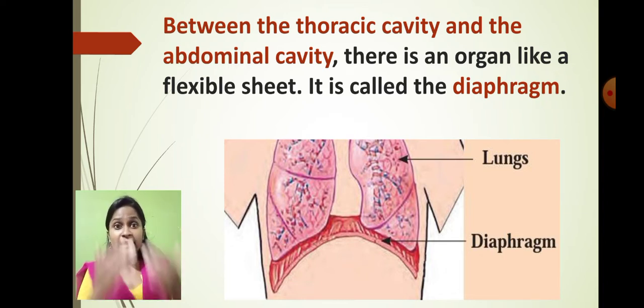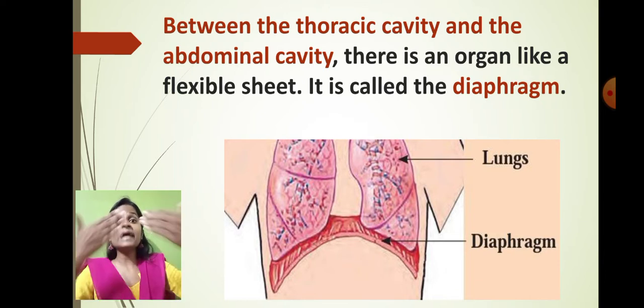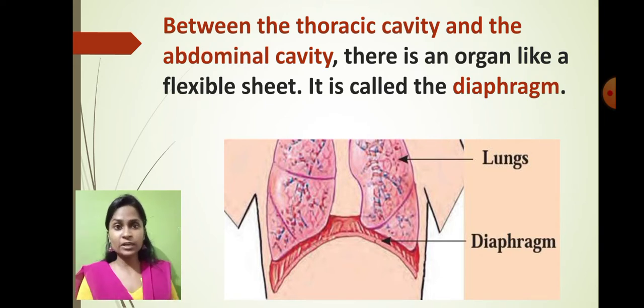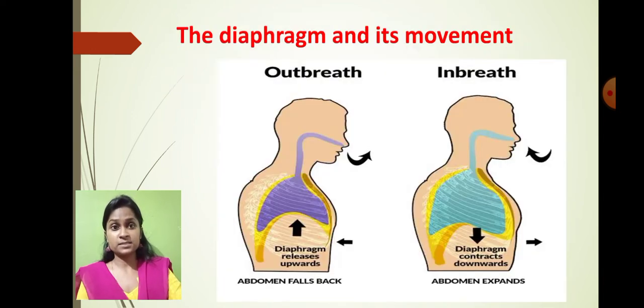Now what do we mean by inhalation and exhalation? We breathe continuously, am I right? When we breathe, we inhale air into our body, and when we exhale, we push carbon dioxide out of the body. So during respiration, the diaphragm movement changes. How exactly the diaphragm moves during the out breath and the in breath, you can see in this diagram.